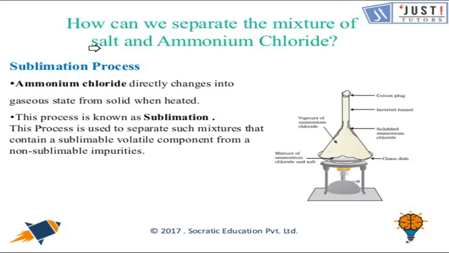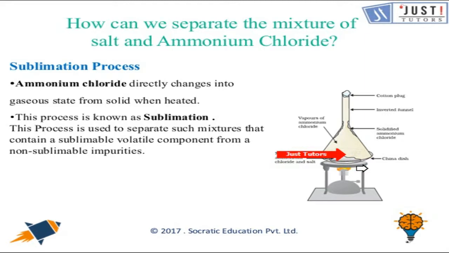Now we have a mixture of salt and ammonium chloride. What is the difference between these? Ammonium chloride can convert to gas directly from solid, but salt cannot. So when we heat the mixture, the ammonium chloride will be converted to gas and salt will be left behind.